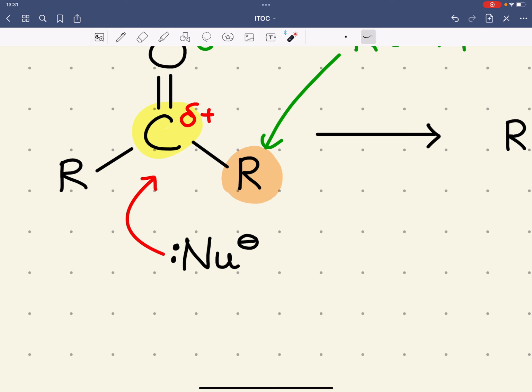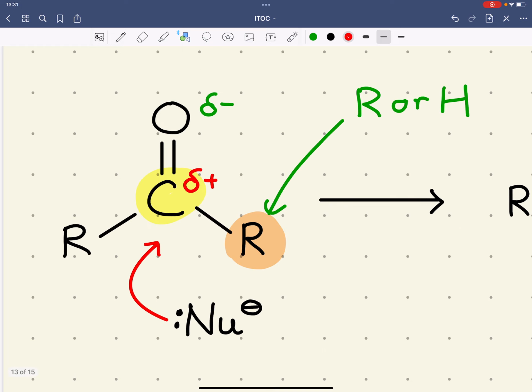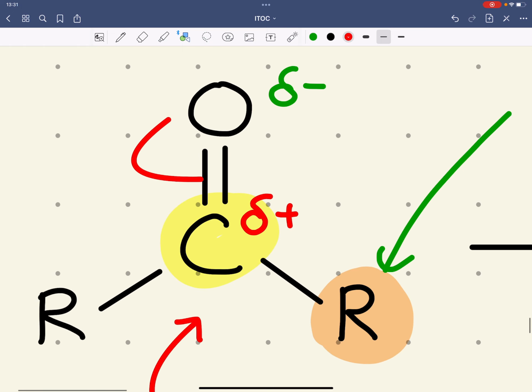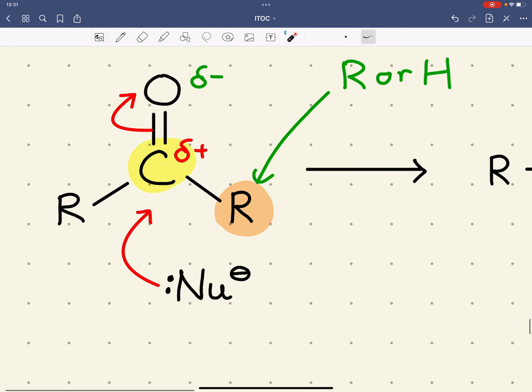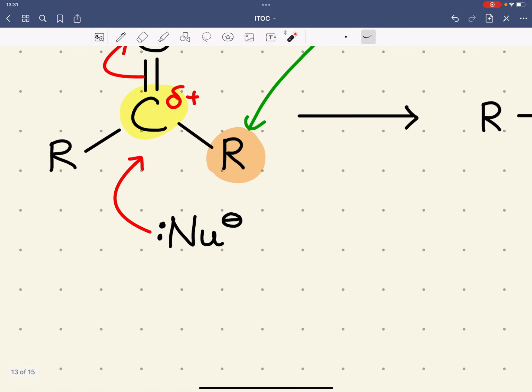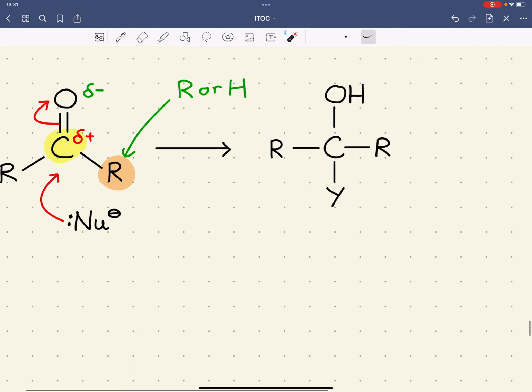That's nearly always the first step, regardless of what this species is. The next step is, again, always the same. It's the carbon-oxygen pi bond breaking. Remember, this is a pi bond and it's the weakest bond, so that's going to break first. That's going to give us an intermediate species.